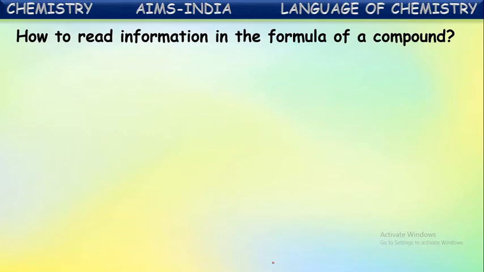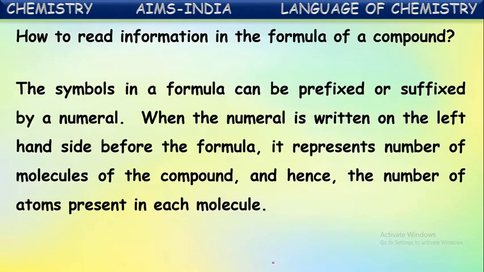How to read information in the formula of a compound? The symbols in a formula can be prefixed or suffixed by numerals. When the numeral is written on the left-hand side before the formula, it represents the number of molecules of the compound. The number of atoms in each molecule is then multiplied with the number of molecules to get the total number of atoms in it.